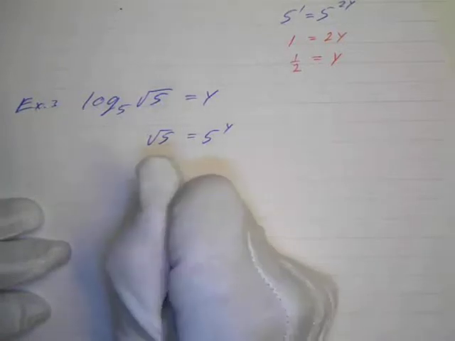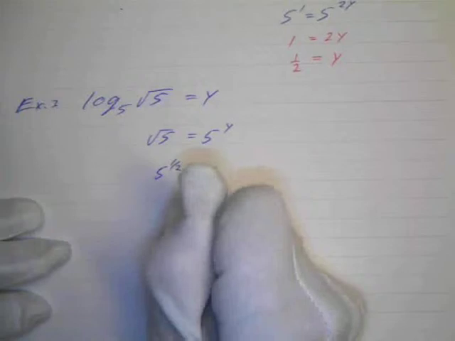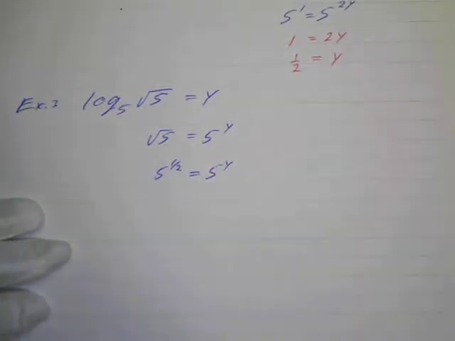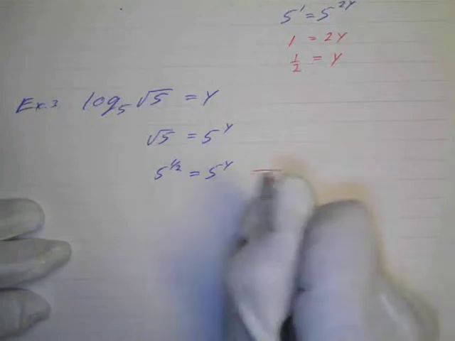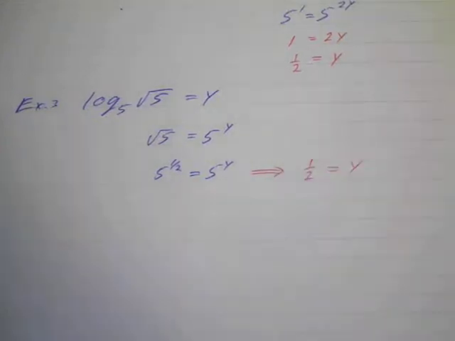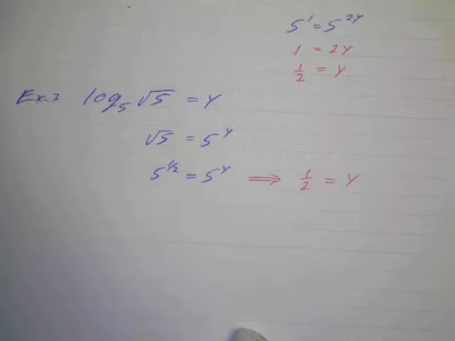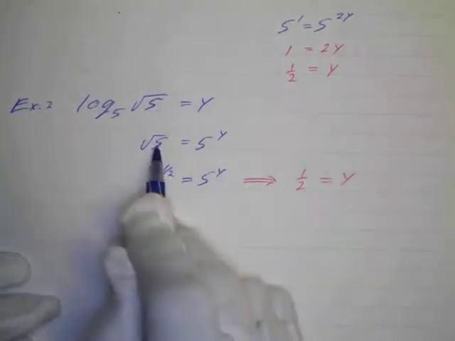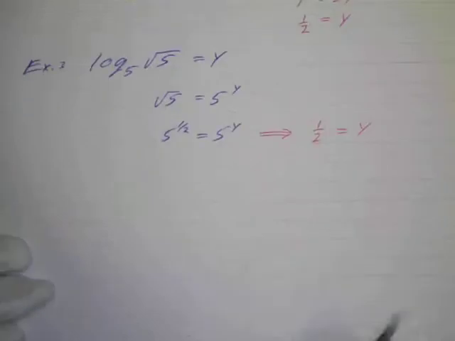So that's the same thing as 5 to the 1/2, which equals 5 to the y. So since my bases are the same, the exponents are the same, so that's going to imply that 1/2 equals y. Now let's try one more. I hope that makes sense. The bases are the same, the exponents are the same. Remember, the square root of 5 is the same thing as 5 to the 1/2.